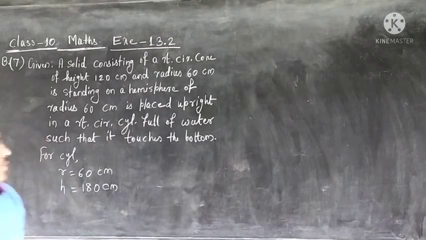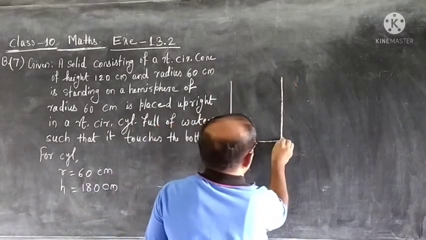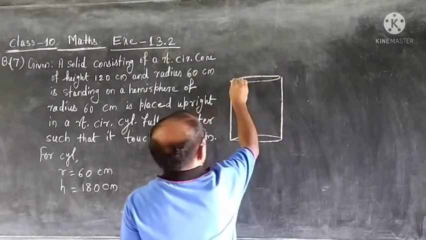So, let us start with that. There is a right circular cylinder, and it is full of water from top to bottom.